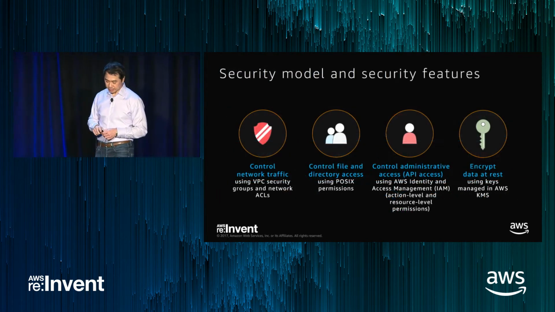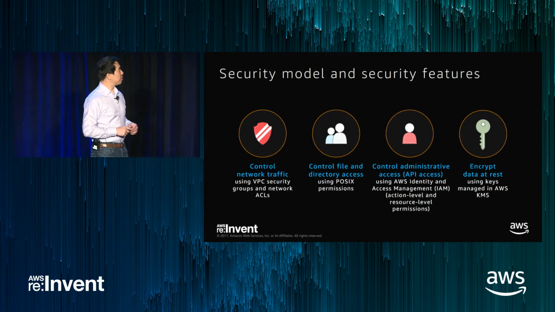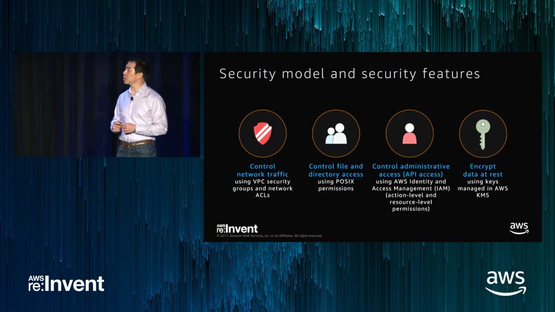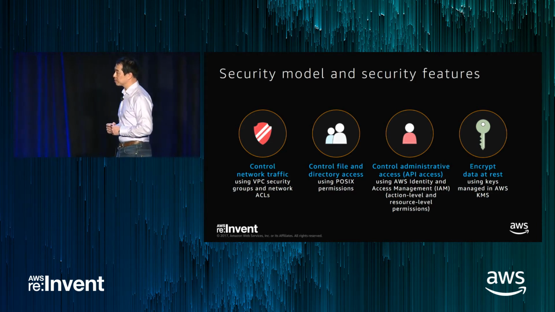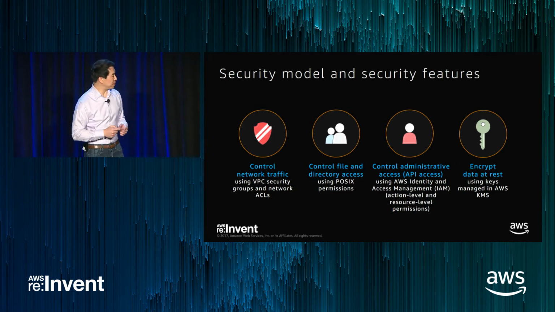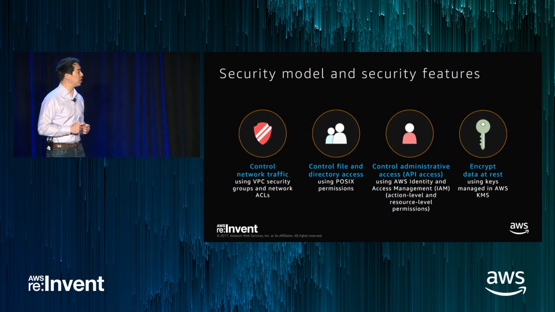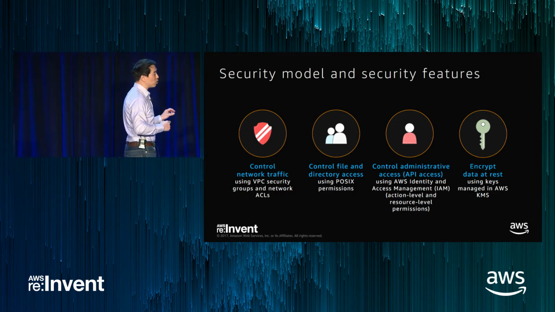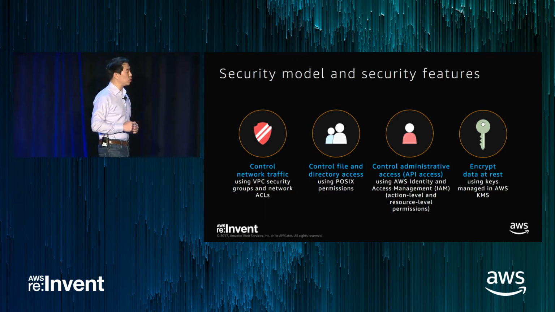Lastly, let me touch on security. So we mentioned permissions before, and EFS offers security at 4 different levels. We control the network traffic within a VPC using standard VPC security network ACLs. At the file and directory level, we use POSIX permissions.